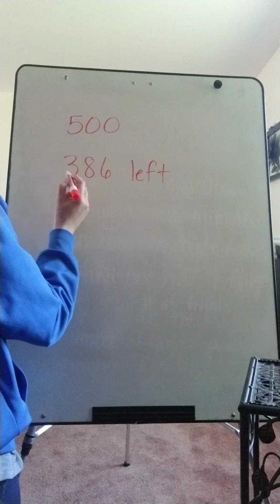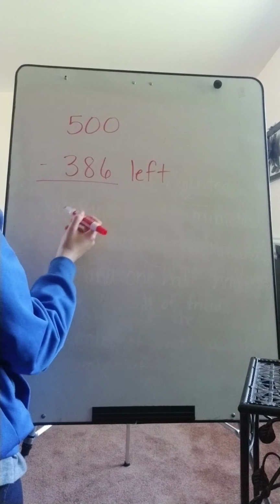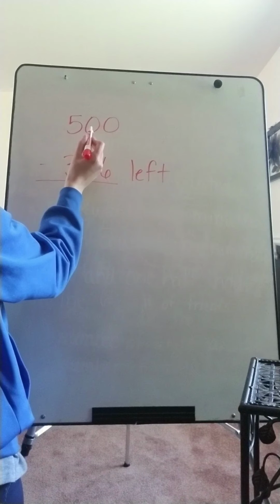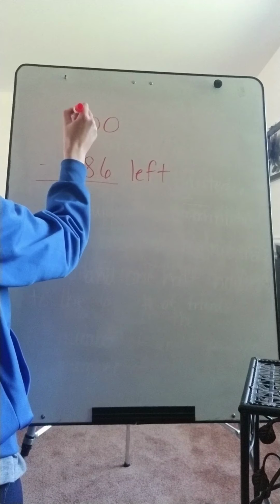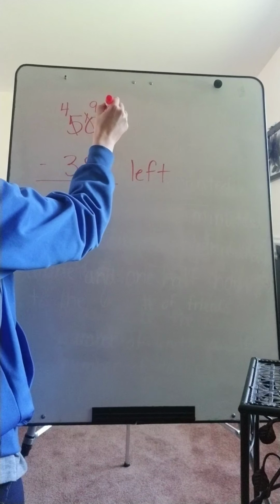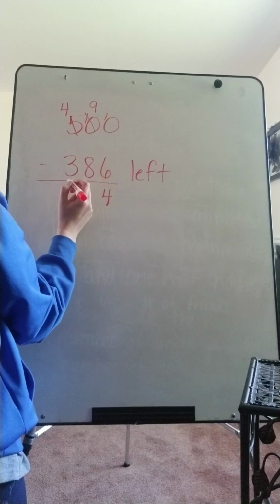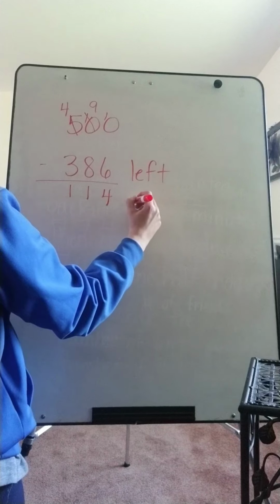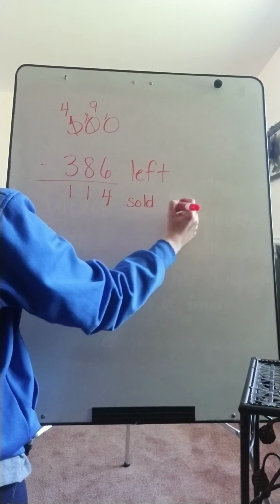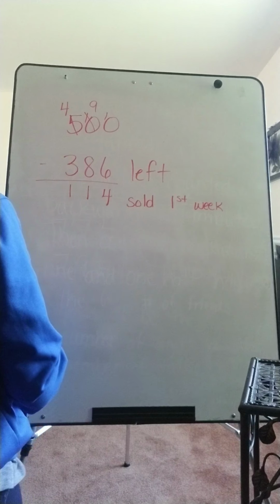So what we're going to do is subtract these two numbers to find out how many they sold that first week. We can't do 0 minus 6, can't borrow from a 0. Okay, so we regroup. 10 minus 6 is 4. 9 minus 8 is 1. 4 minus 3 is 1. So we know that they sold 114 that first week. Okay.